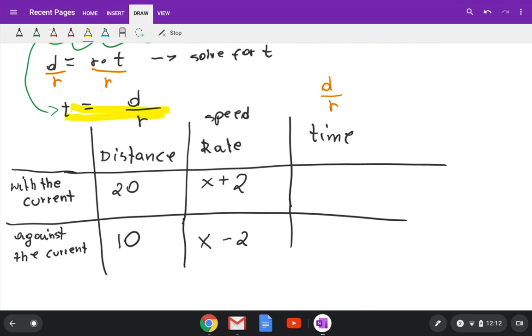So let's talk about the time with the current. The time with the current will be distance, which is 20. Again, time is equal to distance over rate. So the time with the current will be distance, which is 20 miles, over rate, which is x plus 2.